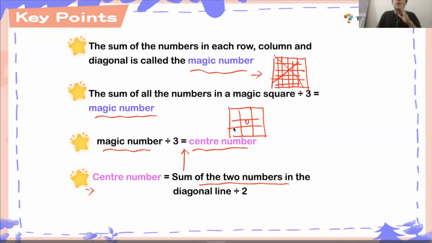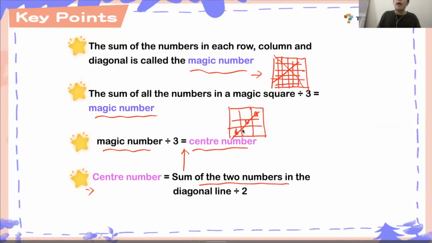So what that means is, no matter which diagonal line or any line has the center number, if we know the other two numbers, for example this number and this number, we know the center number is half of their sum. Does that make sense? Because this line is a magic number, the same sum as each line.